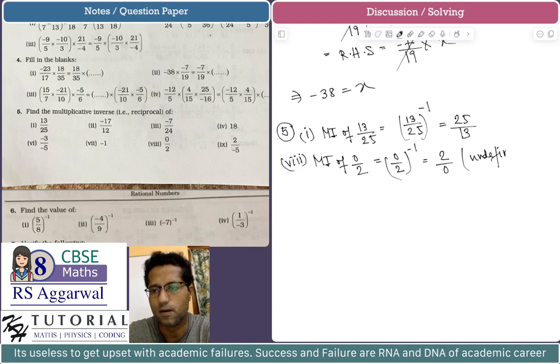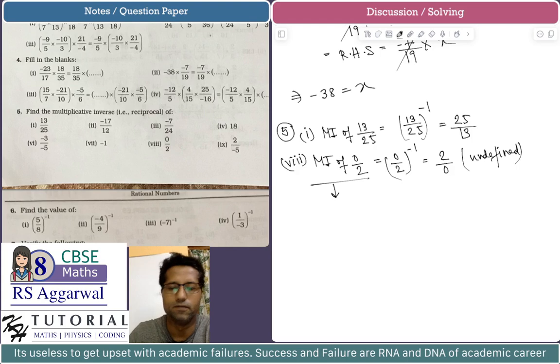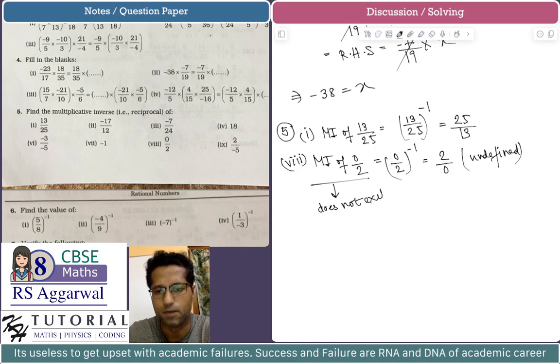Therefore, the multiplicative inverse of 0 by 2 does not exist, because multiplicative inverse only exists for non-zero rational numbers, and 0 by 2 is equal to 0.